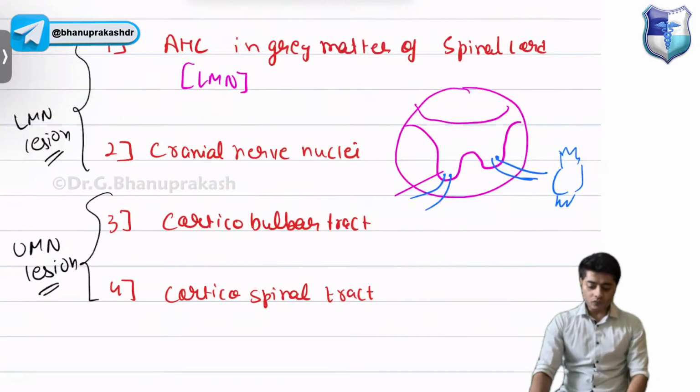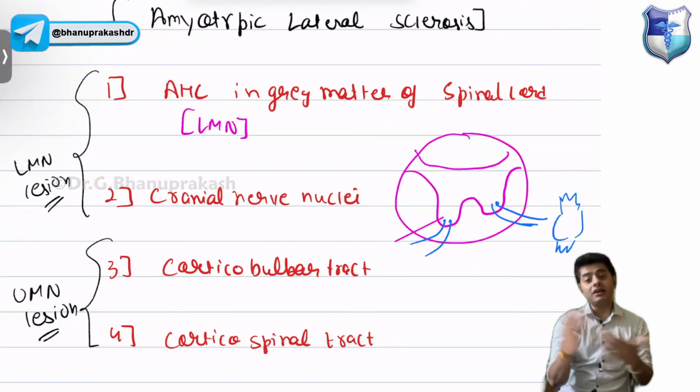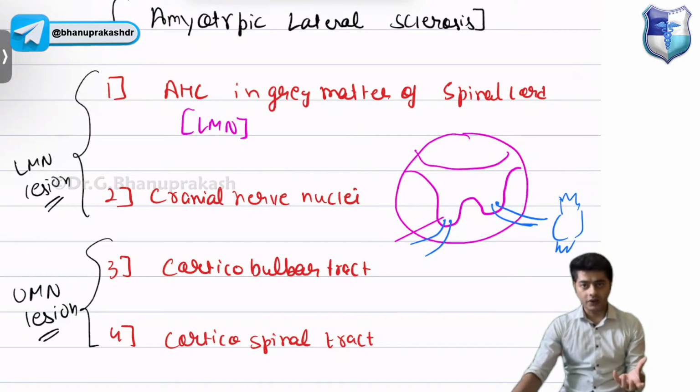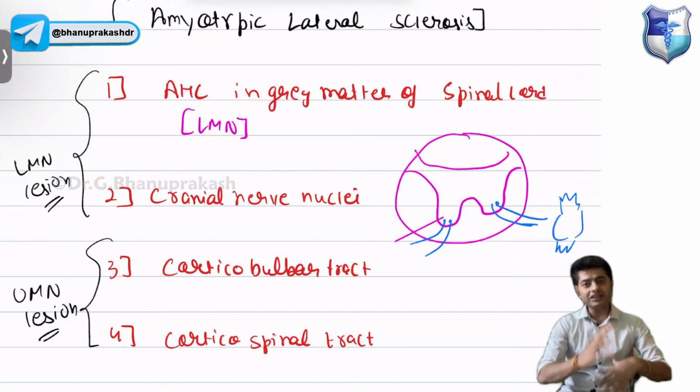Okay. So what can you get? You can get fasciculation as well as decreased reflex, and in some places you can get increased reflex also, because it is a mixture.